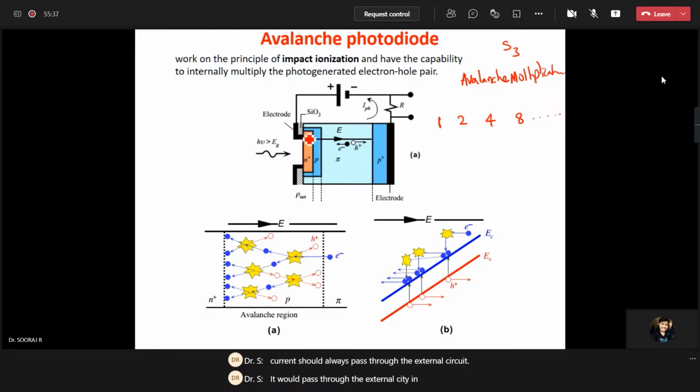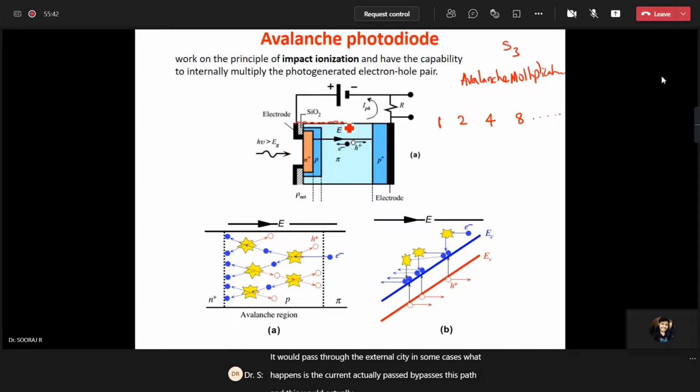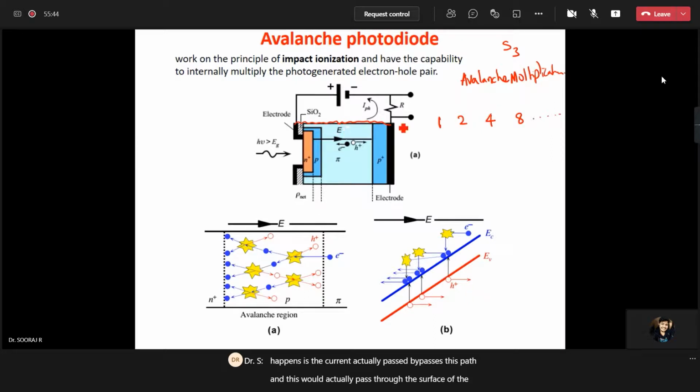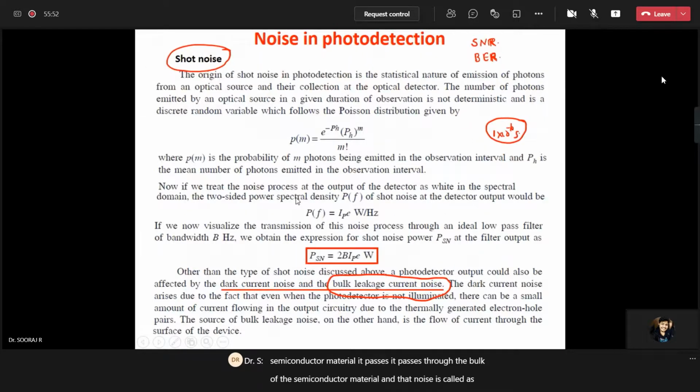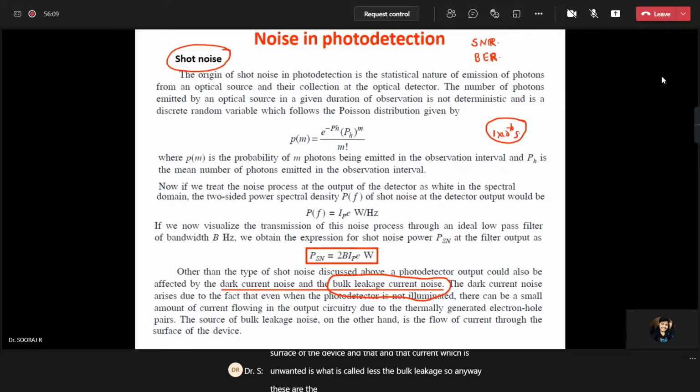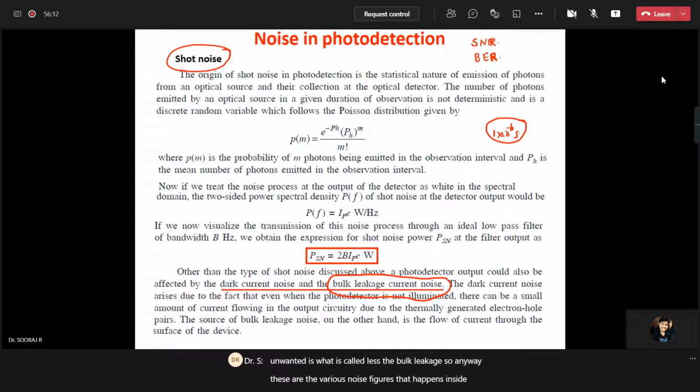In some cases, what happens is the current actually bypasses this path, and it passes through the surface of the semiconductor material, through the bulk of the semiconductor material, and that noise is called the bulk leakage noise. This is actually leakage. So you have some current flowing through the surface of the device, and that current, which is unwanted, is what is called the bulk leakage noise. Anyway, these are the various noise sources that happen inside a photodetector.